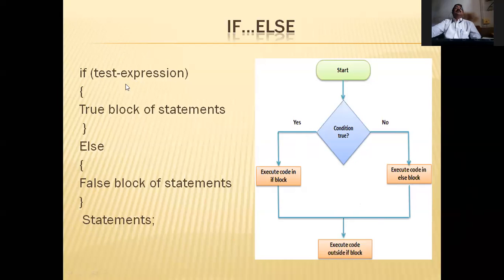If the condition is tested, the true block of statements will be executed, otherwise the else part will be executed. So one of the blocks of statements will be executed with this condition, true block or false block. Later on, the statements written after this if statement will be executed. The flowchart is also shown here.